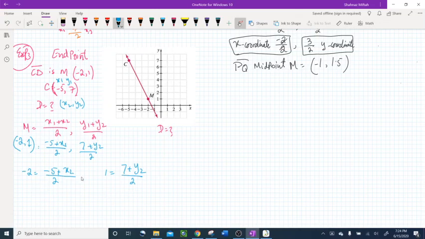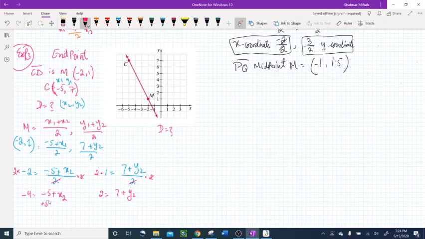Now we multiply by 2 on both sides to get rid of that 2. This 2 and that 2 cancel out, and I have -4 equals -5 plus x2. I'll do the same thing here, times 2: 2 times 1 is 2 equals 7 plus y2. This is just a simple equation that we usually solve.